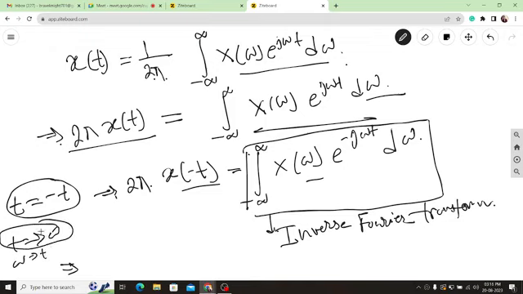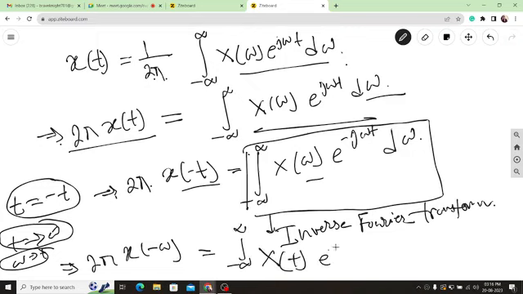Name of the variables I am only changing, nothing else. So that will be 2 pi x of minus omega is equal to the integral from minus infinity to infinity of big X of t e to the power minus j omega t. So this is sort of the inverse Fourier transformation.